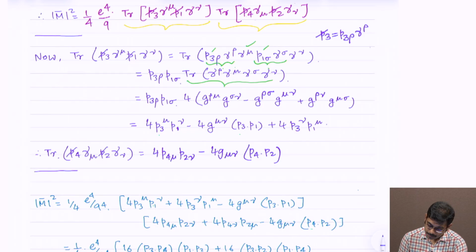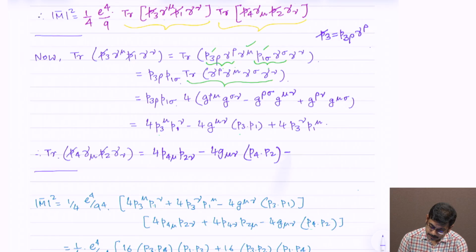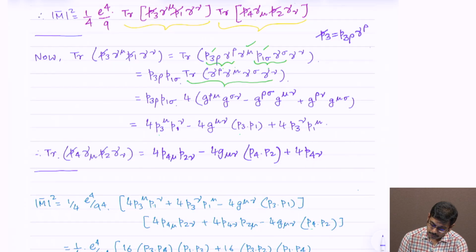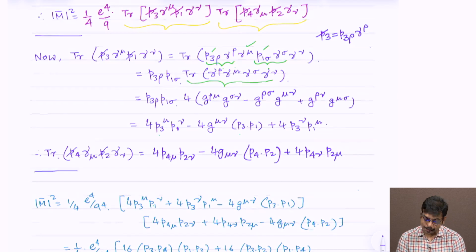And then we will have plus 4 P4 nu into P2 mu. So this will be the expression for this particular trace.